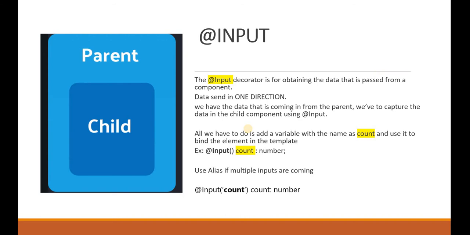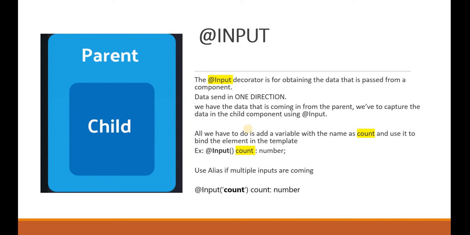So let's start with the Input decorator. As I have used the terms parent and child, the Input decorator obtains the data that is passed from the parent component. With this decorator, we are sending the data from parent to child in only one direction. We can't get the value back from child to parent.